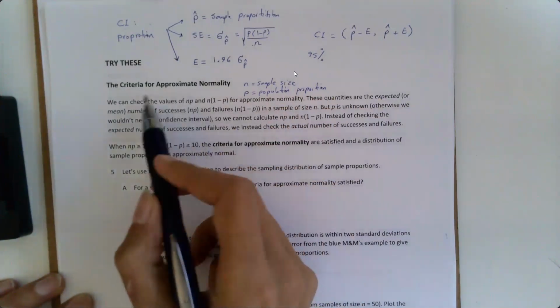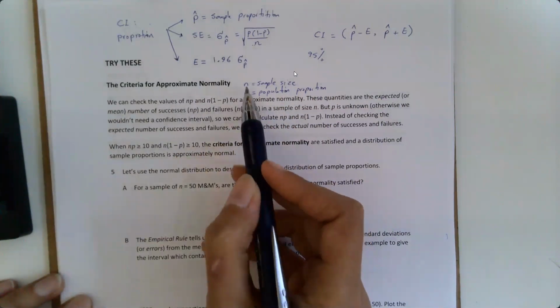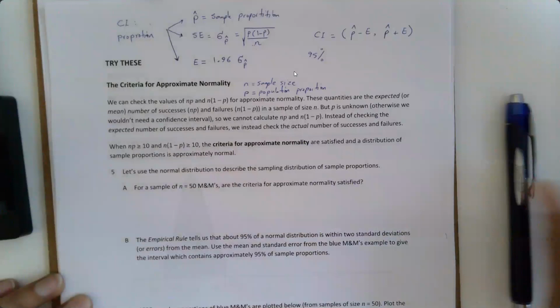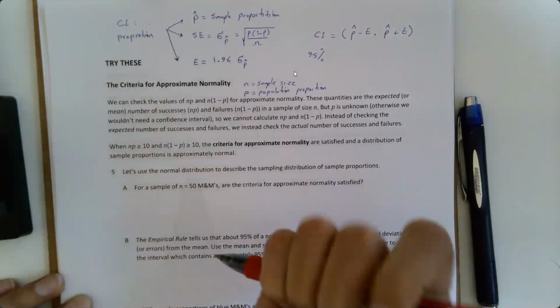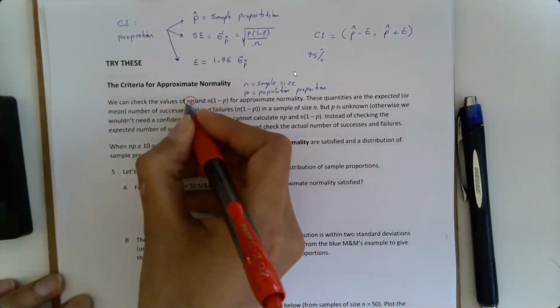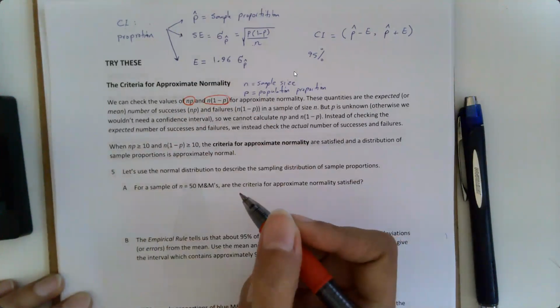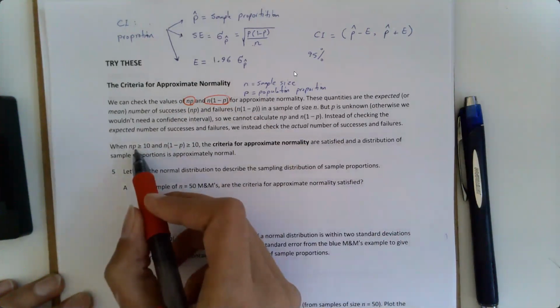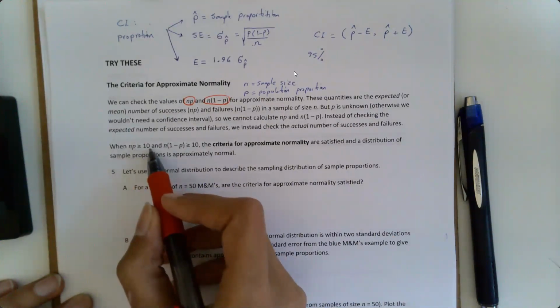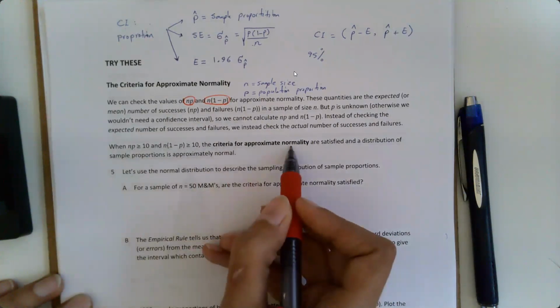So we're going to check normality. We need to find n times p, and also we need n times 1 minus p. After finding these two numbers, if these two numbers are larger than or equal to 10, we say that, hey, the normality is met.